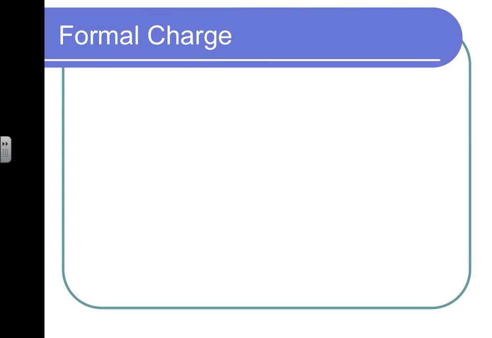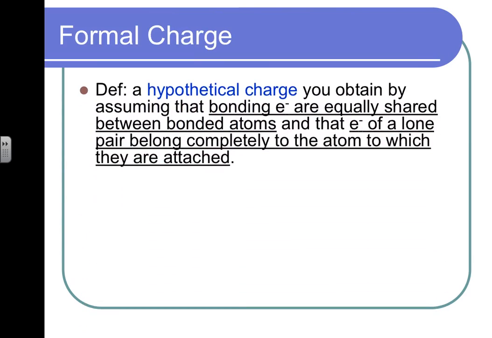Okay, so what the heck is formal charge? It is, as the definition states here, a hypothetical charge. If you think about a real charge, we're talking about an ionic charge. Hypothetical charge means that the atom itself does not have a charge, but in theory, it sort of does. So we'll talk about that more.